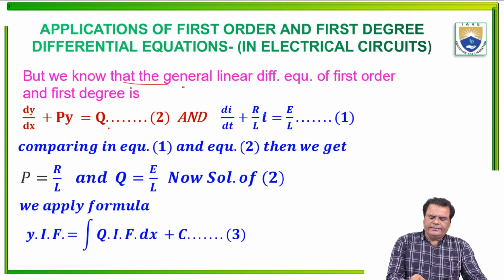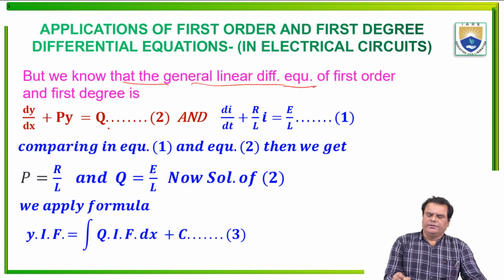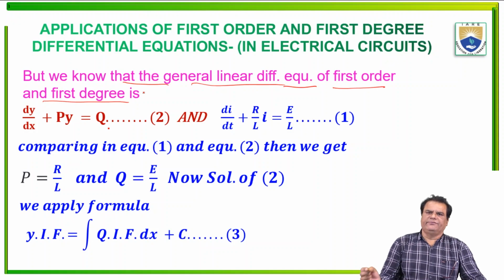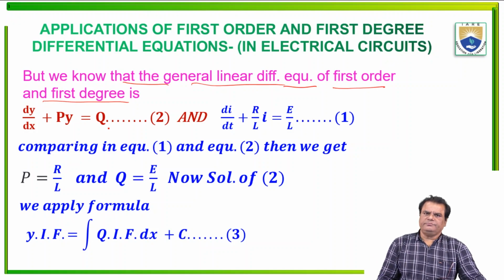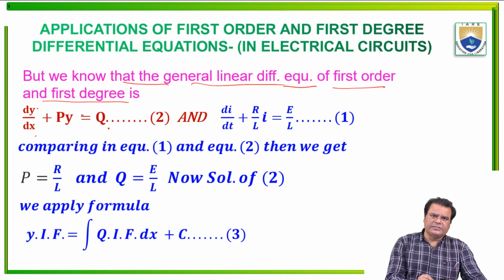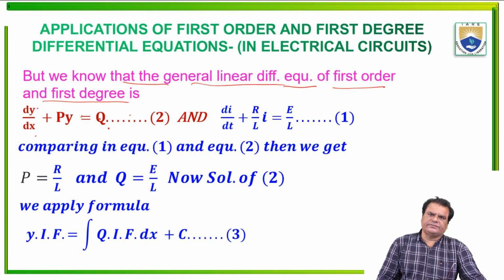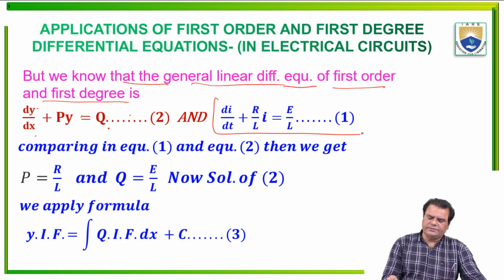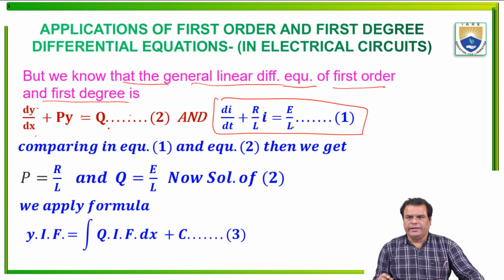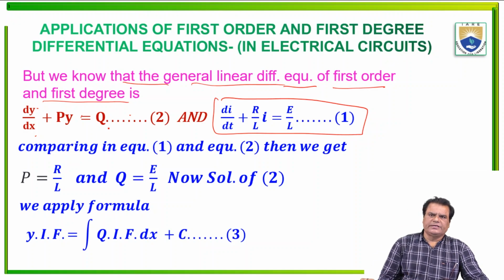We know that the general linear differential equation of first order and first degree has the same pattern as equation 1. So this is dy over dx plus Py equal to Q, where P and Q are functions of x. But in our equation, R by L and E by L are functions of t.